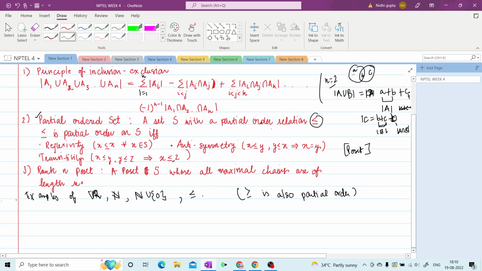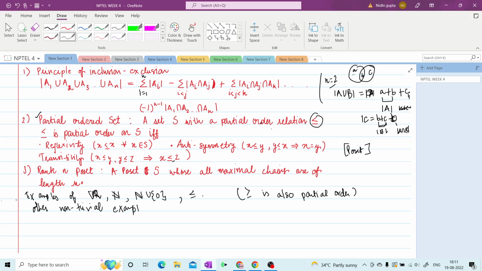Other non-trivial examples that we studied were, first, on natural numbers, with the relation being divides. Basically, A is less than or equal to B if and only if A divides B, and we saw that this is a partial order.